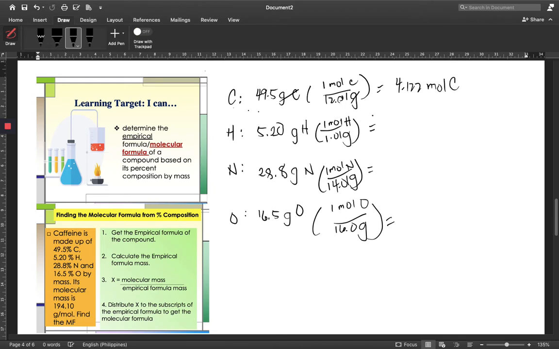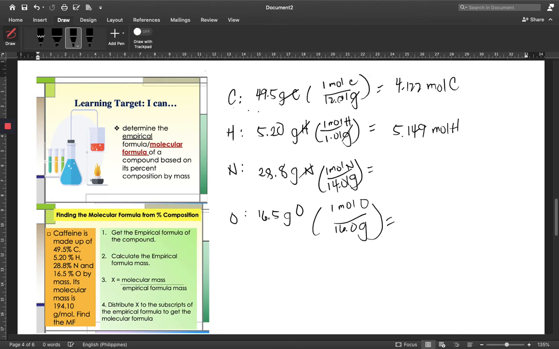And then after that, we have grams of hydrogen. We can divide out the unit of grams, so we end up with 5.20 divided by 1.01, which gives 5.149 moles of hydrogen.